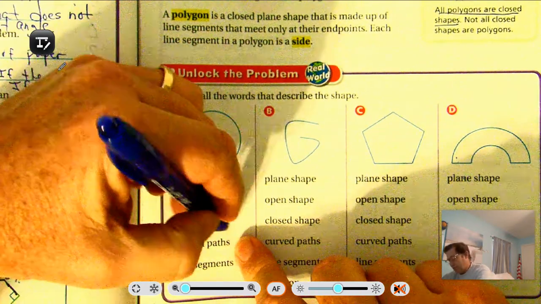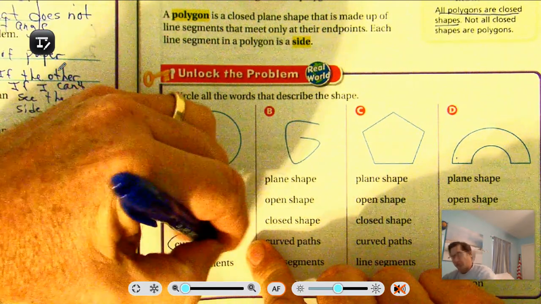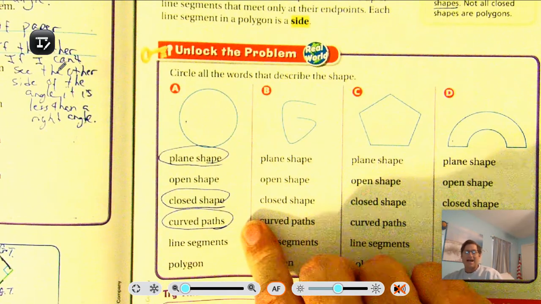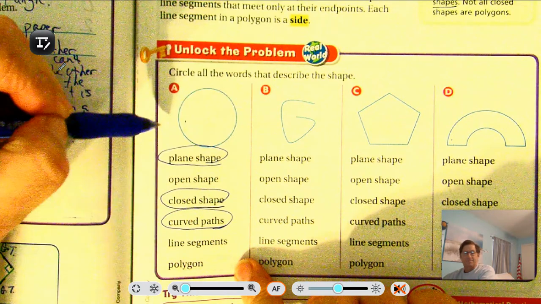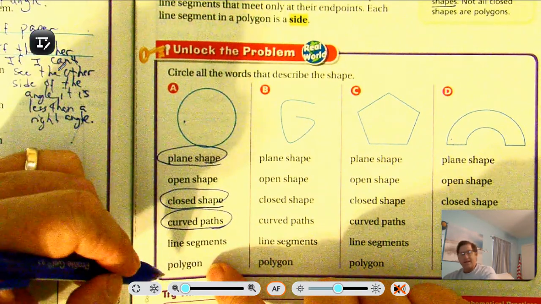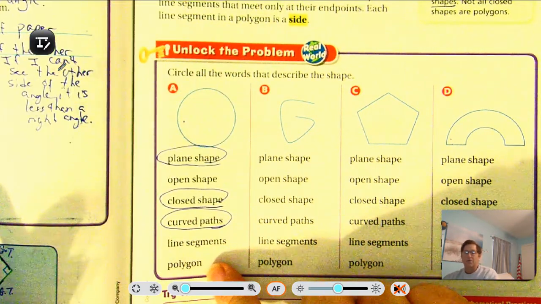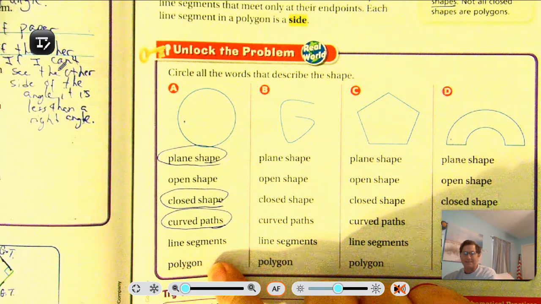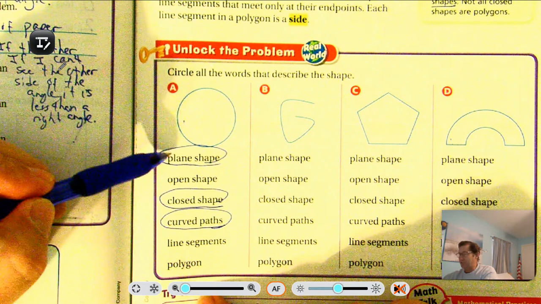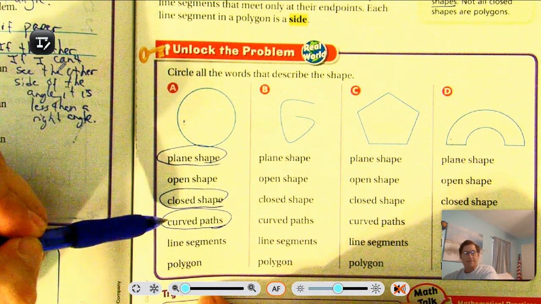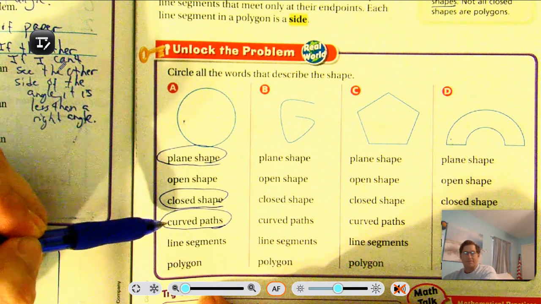It is a closed shape. It has curved paths. It has no line segments. There are no endpoints here. It is not a polygon. Okay, a polygon is made up of line segments.